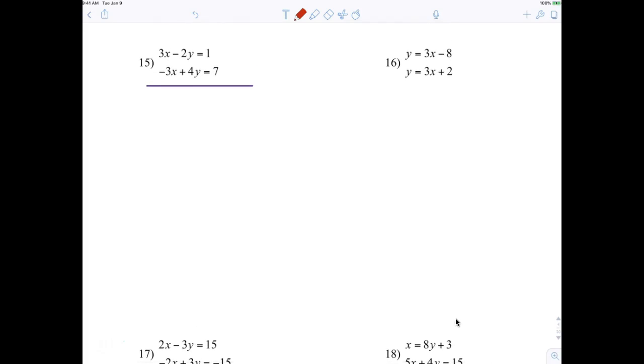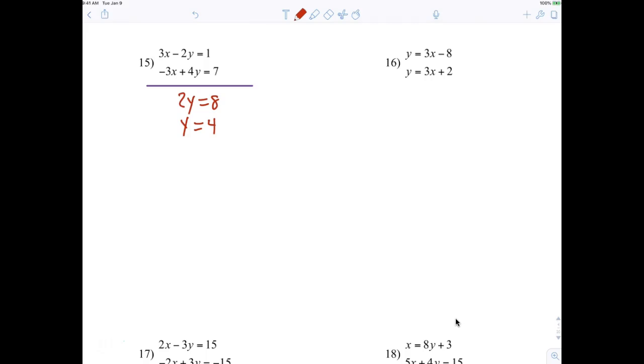I'm asking you right off the bat. Just tell me how to start this problem. Okay. Yes. 2y equals 8, so y equals 4.